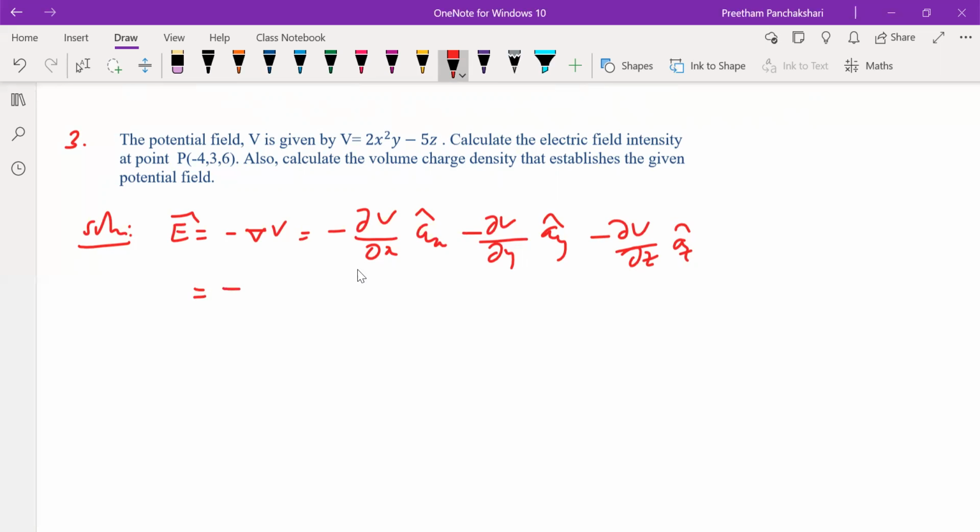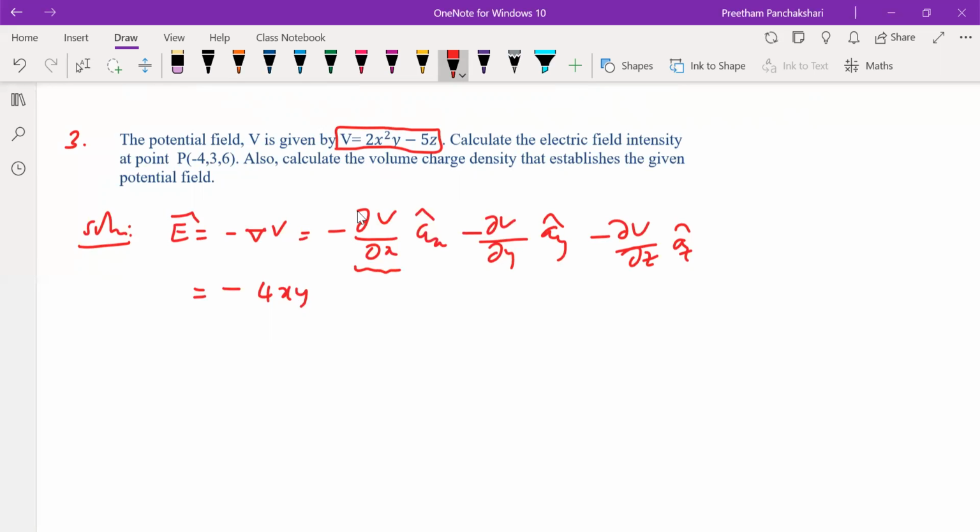So in the first one, we shall differentiate V with respect to X directly. V is given here. Let us differentiate with respect to X and put it here. So differentiation with X in the first term is 2X, so it's going to be 4XY.